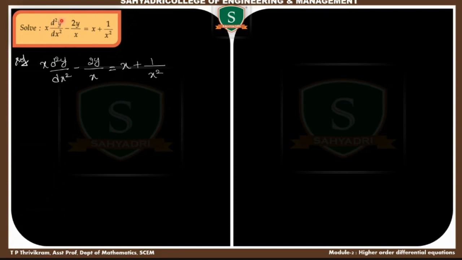Here the order is 2. So x degree must be also 2. Then only we can apply this method. Otherwise it is not possible to apply this. So for this what we need to do is multiply with x on both sides.